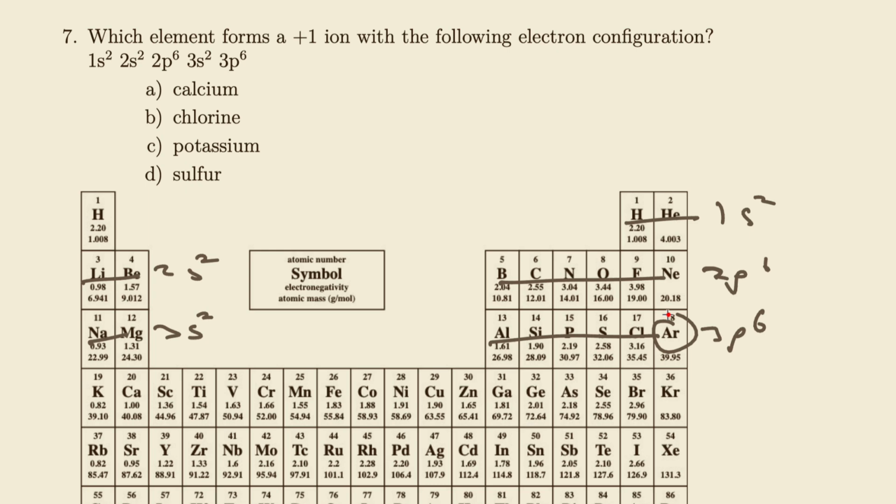What element would lose 1 electron and get that electron configuration? If potassium loses 1 electron, then it will get the electron configuration for argon. Remember, elements tend to react by losing, gaining, or sharing electrons to get noble gas configuration, because noble gas configuration is extra stable.